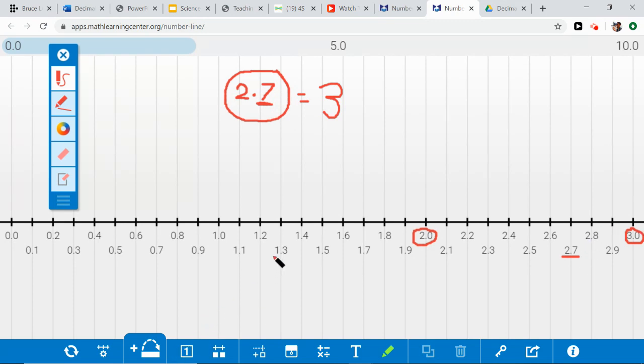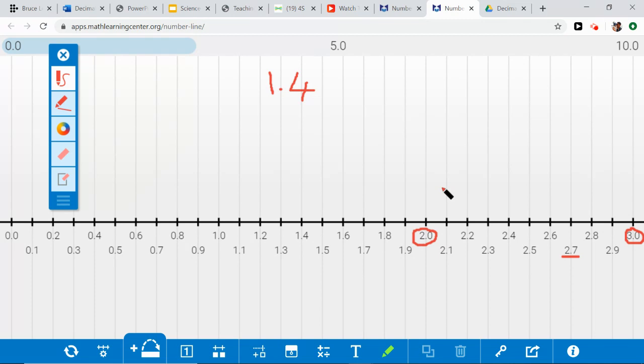Let's try another one. Let's rub this out. Let's do 1.4. What's 1.4 rounded to the nearest whole number? If you said 2, you would be incorrect.